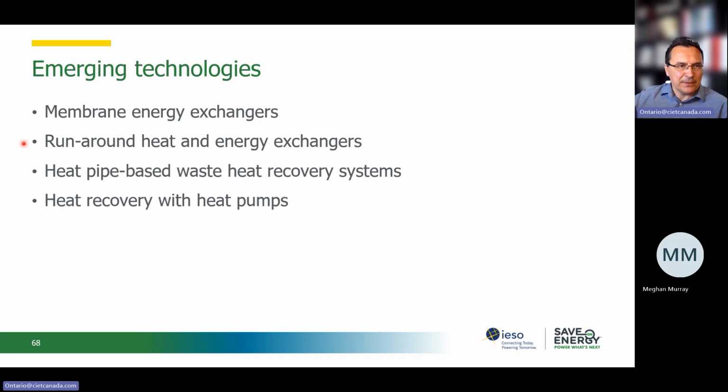We are looking at runaround heat exchangers. Heat pipe based heat exchanger systems are also a concept that will allow us to remove more heat from the exhaust and transfer it to the incoming airflow, or using actually heat pumps to further remove more heat from the exhaust air and transfer it to the incoming fresh air.